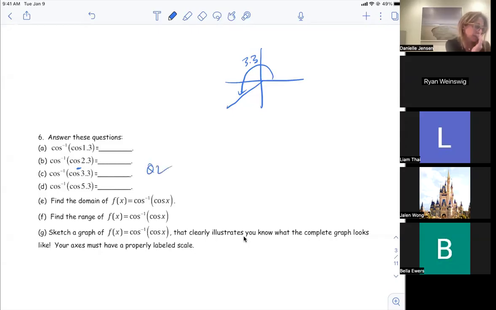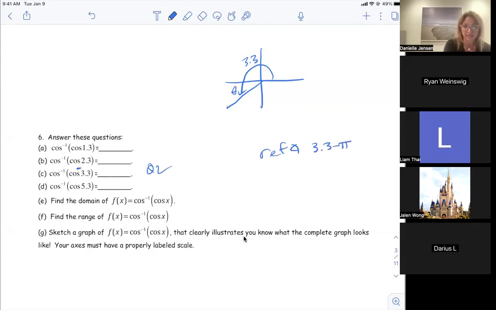For me, the easiest way to think about this, because you can always do this particular method, is to get the reference angle. If 3.3 is the full angle, remember the reference angle is always the distance between the terminal side and the closest x-axis. So in this case, the reference angle would be 3.3 minus pi.